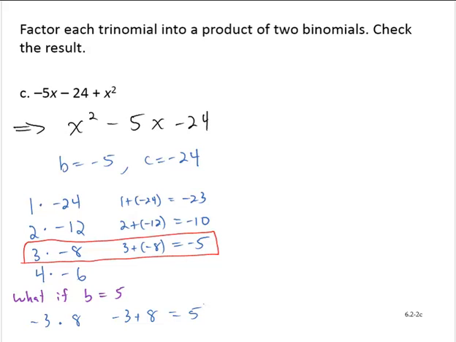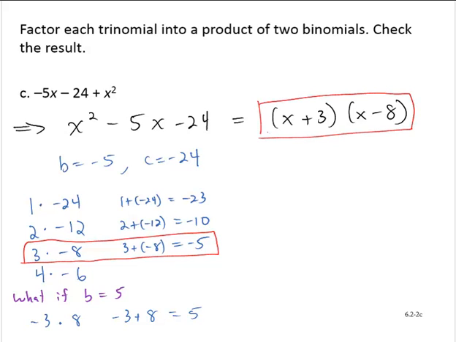So that's an important detail. If we have a different sign on b, we can just change the signs on that pair of numbers. Alright, so then what this tells me is x squared minus 5x minus 24 can be written in its factored form as x plus 3 by x minus 8.